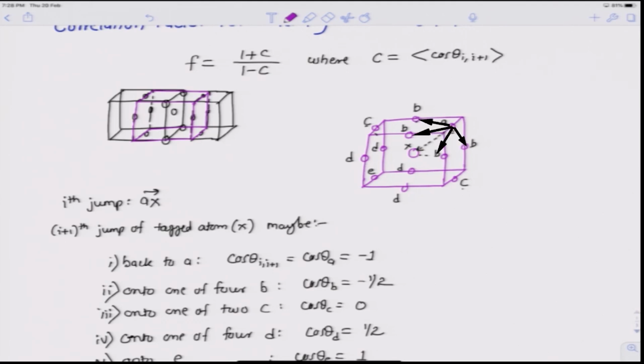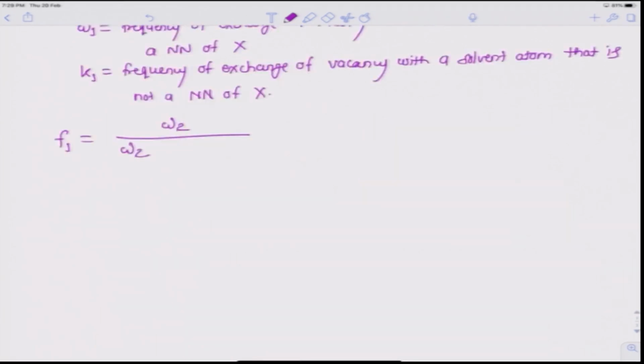There are 4 sites onto which the vacancy can make an omega 1 type of jump, and the remaining 7 sites which are nearest neighbor of the vacancy are the ones onto which the vacancy can make a K1 type of jump. So, F1 can be expressed as omega 2 over omega 2 plus 4 types of omega 1 jump plus 7 types of K1 jumps.